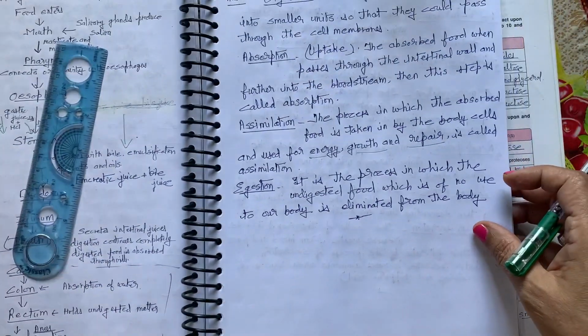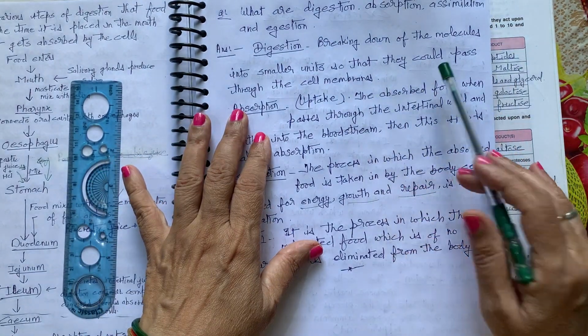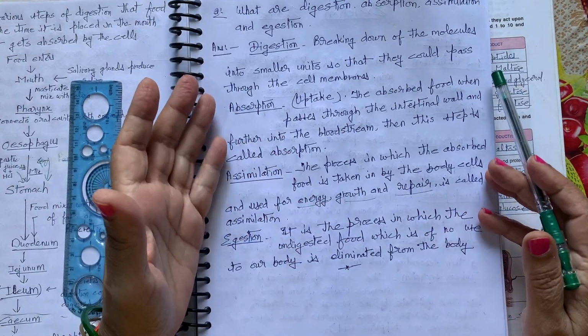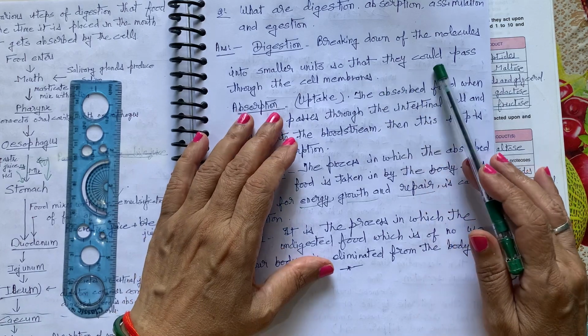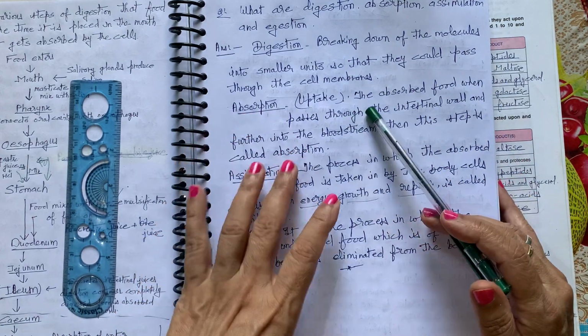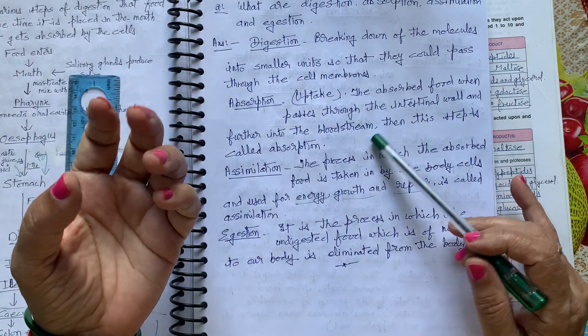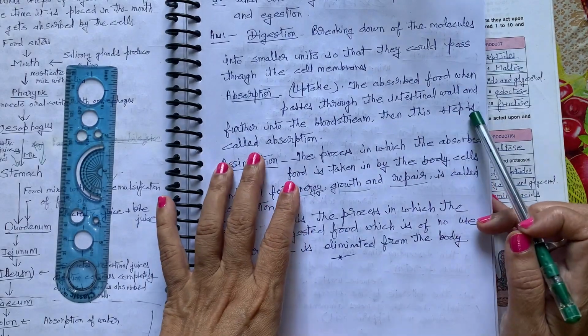So that is what you had over here. Now next, what are digestion, absorption, assimilation? Digestion is the breaking down of larger food molecules into smaller ones so that the intestinal cells are able to absorb them. Absorption: the digested food is absorbed through the intestinal wall and passes into the bloodstream.